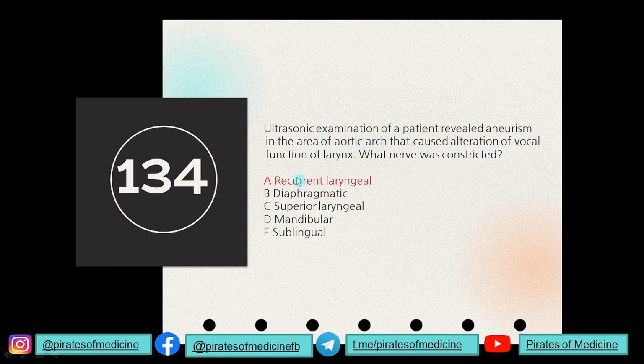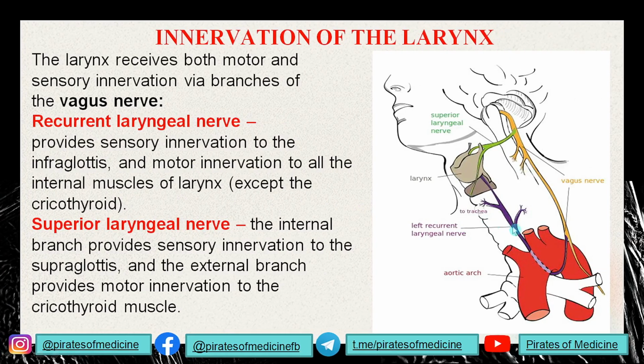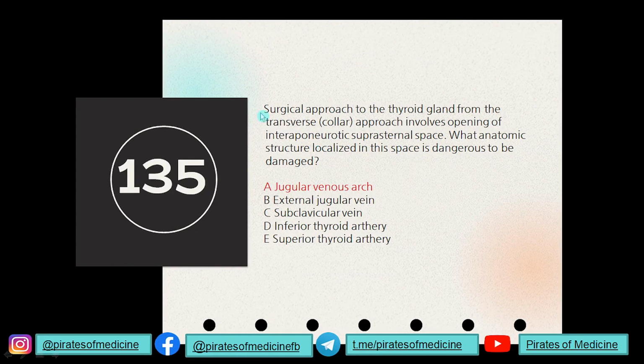So the nerve that was constricted here was the recurrent laryngeal nerve, because it does a 360, traveling back and going to the larynx from below the aortic arch. Understood?